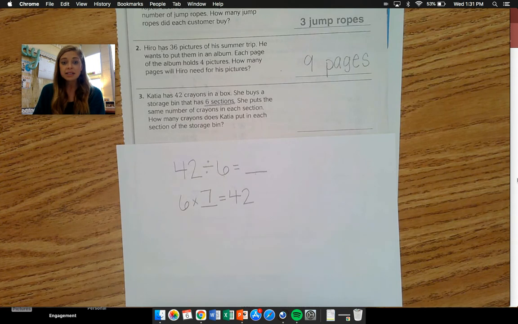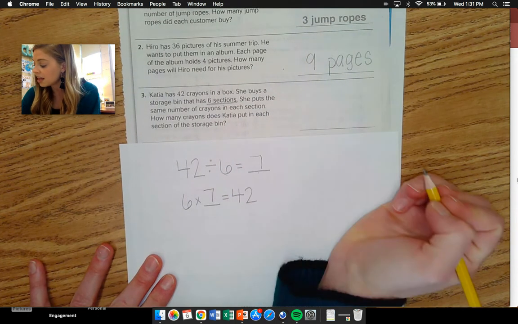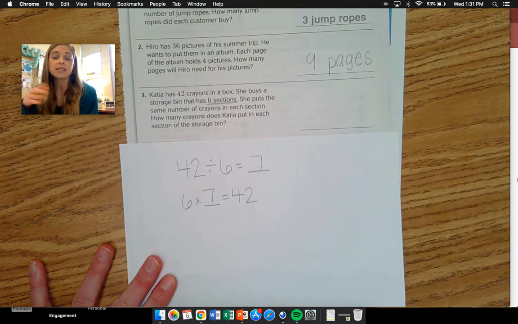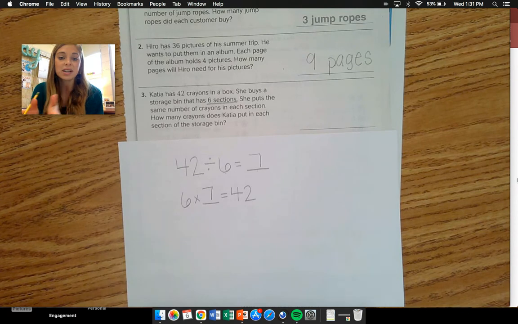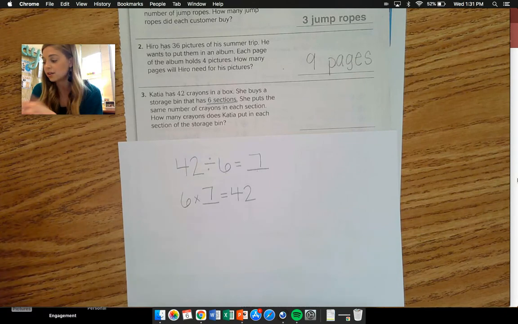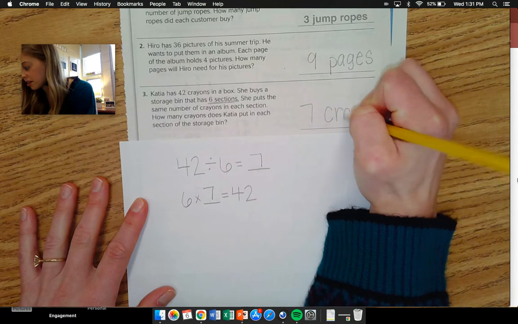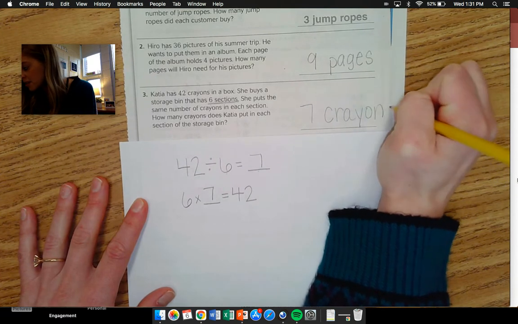So that means that if Katia has 42 crayons divided into 6 sections or 6 groups, she's going to have 7 in each box or section. So 7 crayons is the answer. You could have also drawn a picture for this problem.